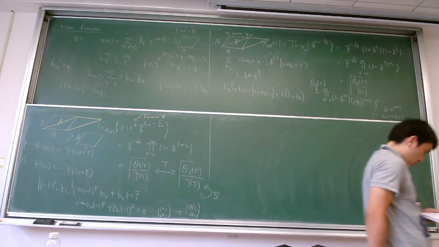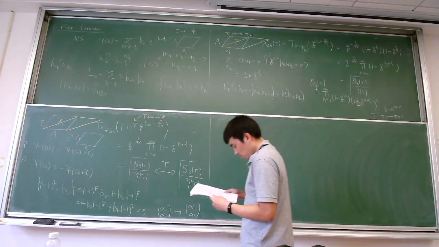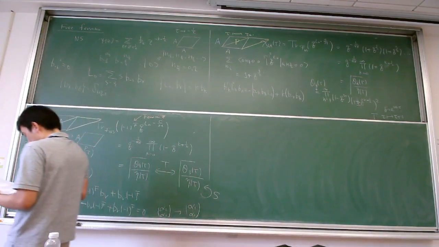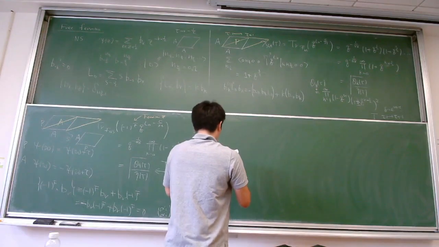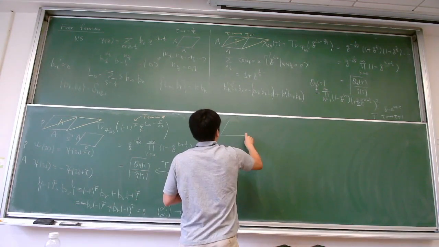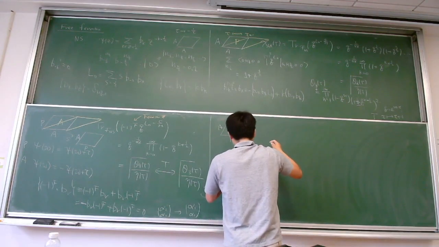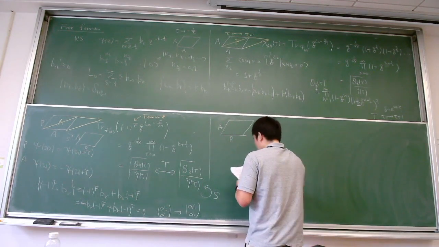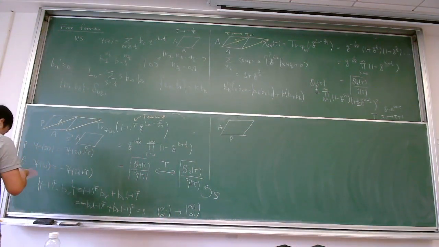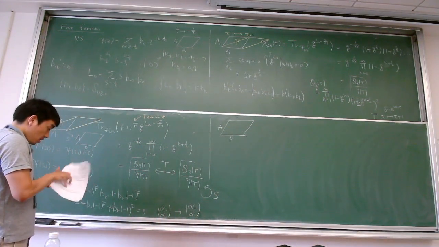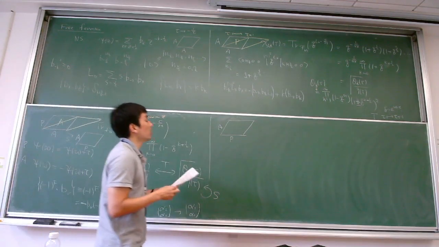Okay, so we will see. So now, we want to see the following guy: periodic, anti-periodic. So now we need to consider the following.